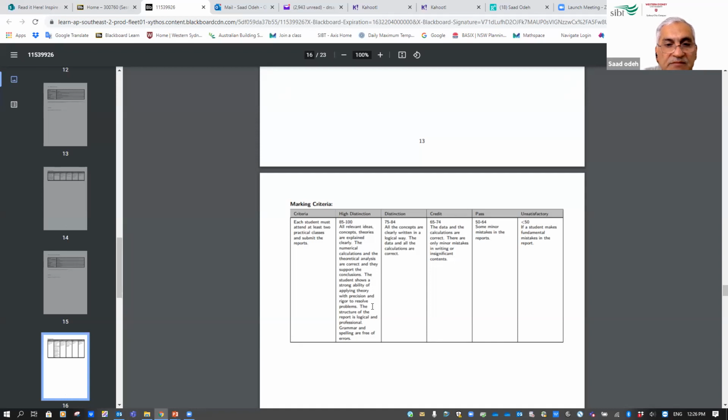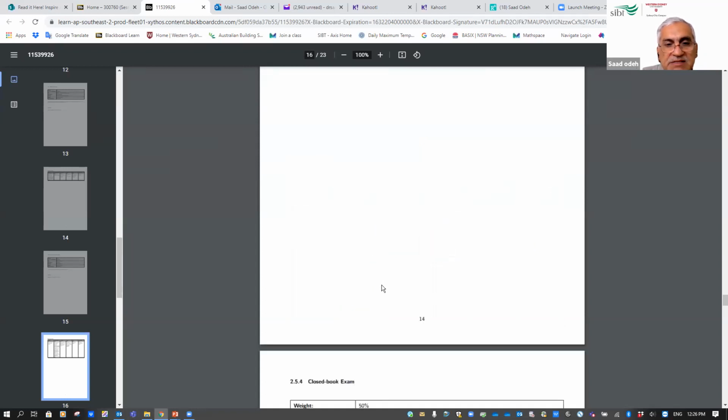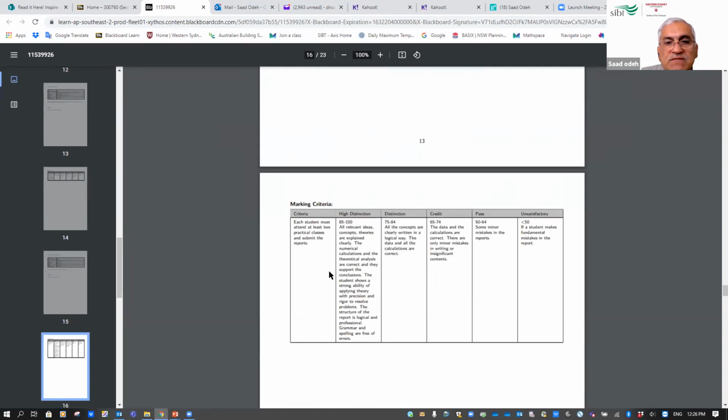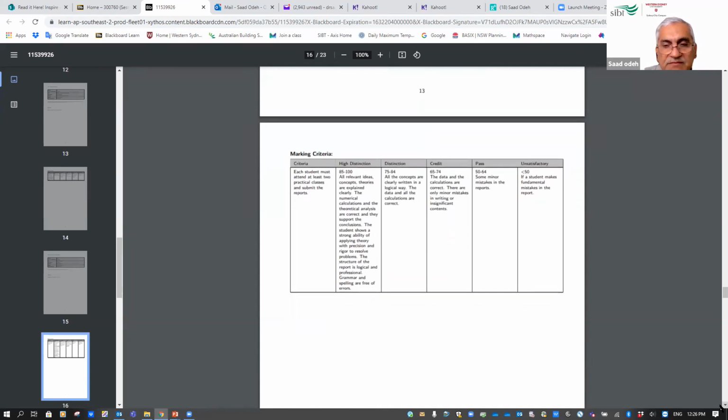Then you put the structure of the report in a logical way, and also you comment or conclude correctly on the results. That's to achieve the high distinction mark in the report.